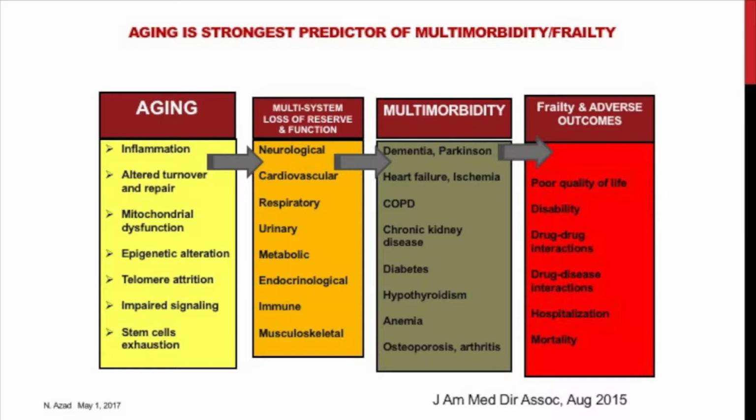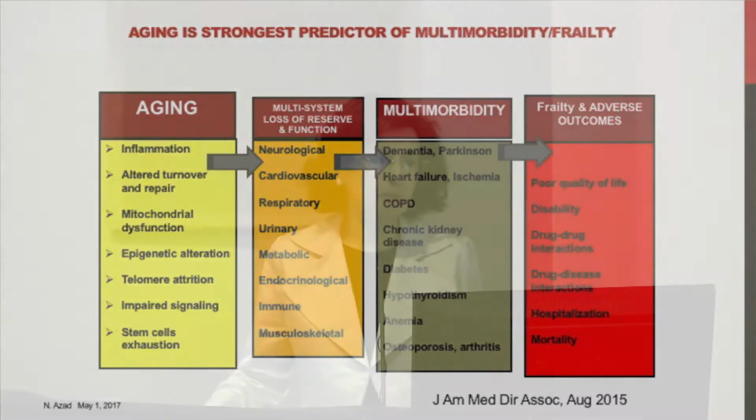And then what we have at the end is frailty and susceptibility to poor health outcomes. It's all about quality of life at that stage: more disability, functional impairment, the issue of polypharmacy. They become higher users of hospital and health care, and obviously have a higher risk of mortality.